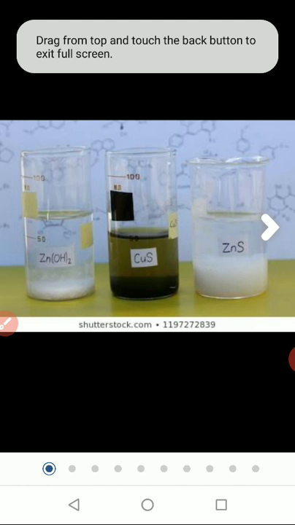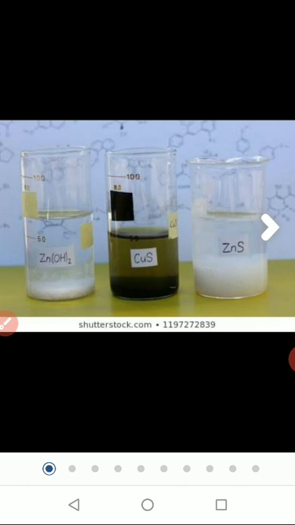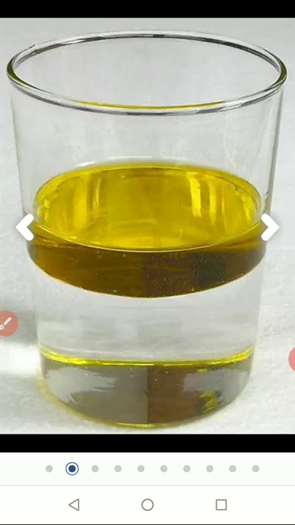In this picture you can see that there is a beaker with these chemicals. In this beaker you can see that there is water and oil. The water is below and the oil is floating, and you can also see that oil has formed a separate layer and water has formed a separate layer.